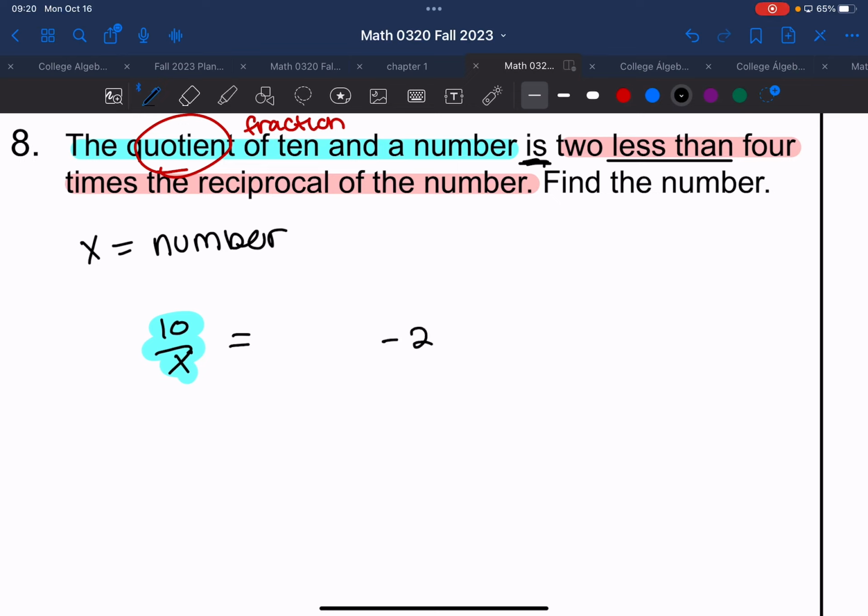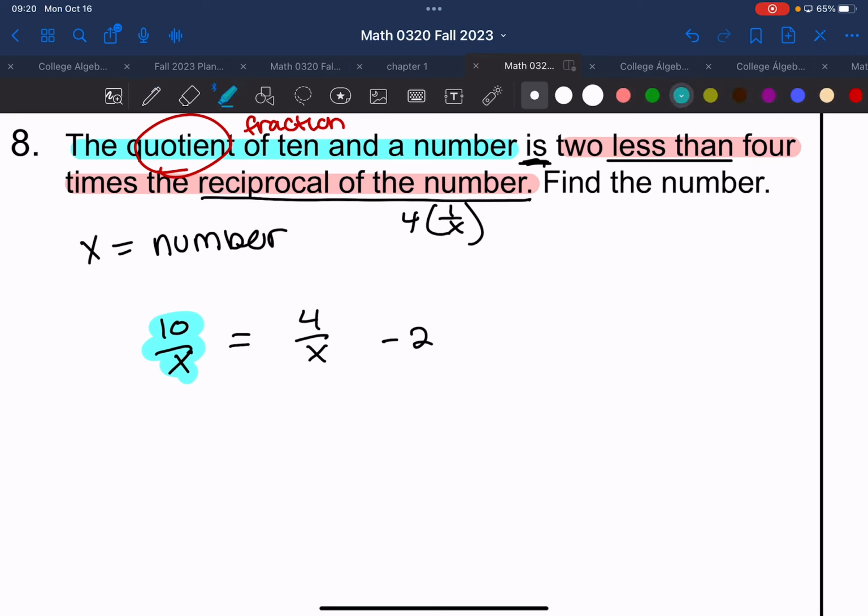Then it says 4 times the reciprocal of the number. How do we write reciprocal of the number? 1 over x. So 4 times that would be written as 4 over x. All right, because 4 times this, and then that -2.